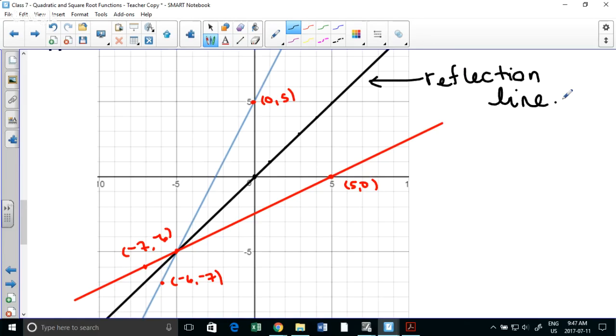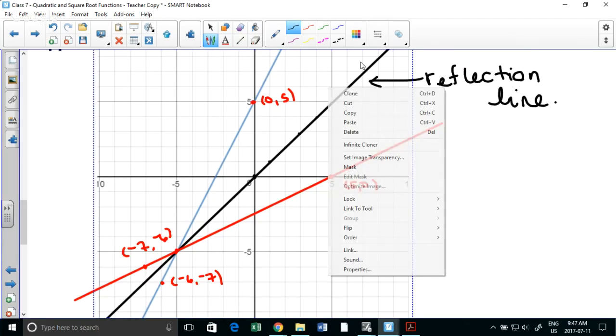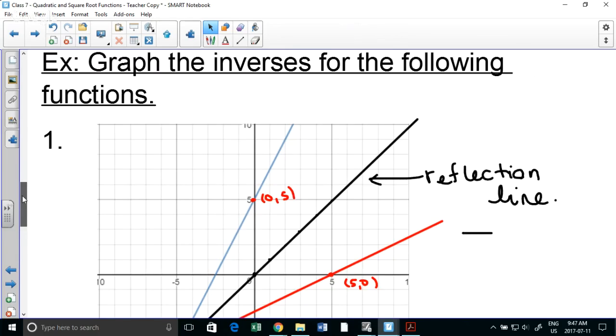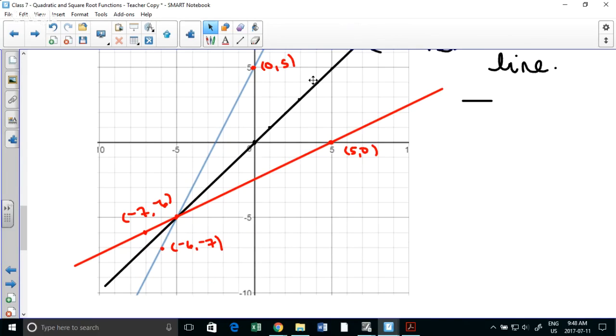So if you turn your screen, which is really not easy, so that this line is straight up in the air, these are the mirror images of each other, one side and the other. Okay, so when you're doing this graphically, you're just basically mirror imaging it over the line. But you're never going to do it graphically because that's a huge pain in the butt. But honestly, what you'll do is you'll just do these reflections where you take the points and you flip them over and you get your new picture.